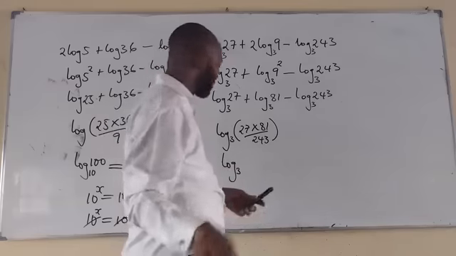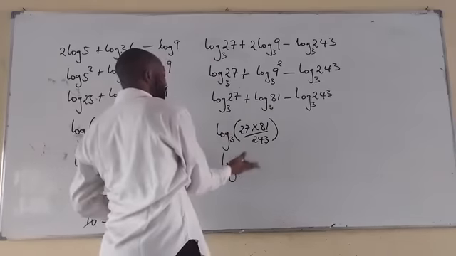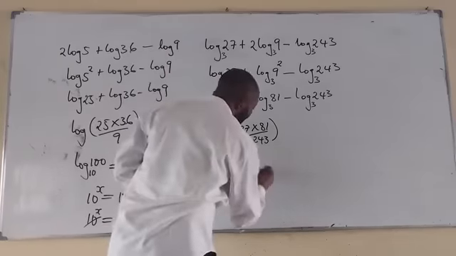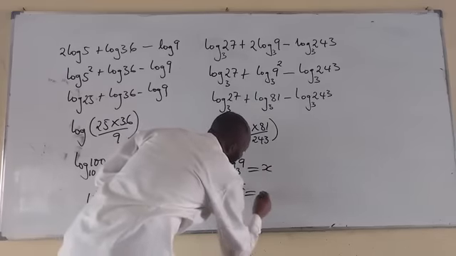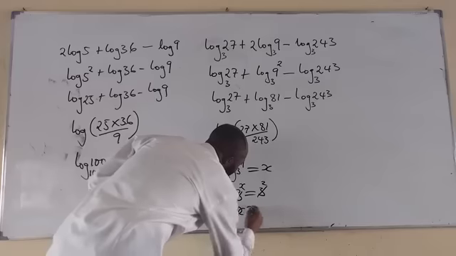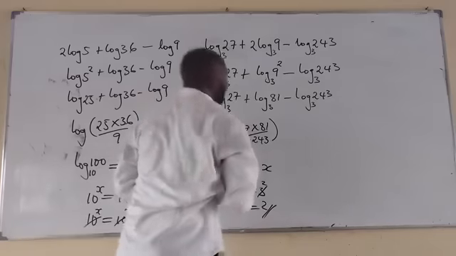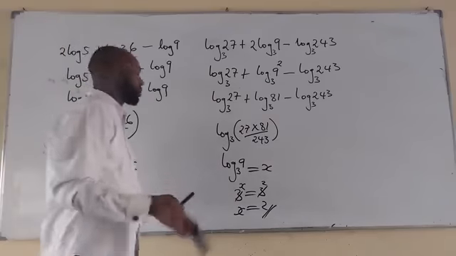It's 9. So how many times can 3 be raised to give us 9? We equate that to x. So 3 raised to the power x is equal to 9. And 9 is the same thing as 3 raised to the power 2. Cancel this. x is equal to 2. Let's take more questions.